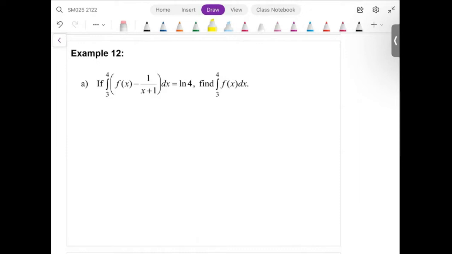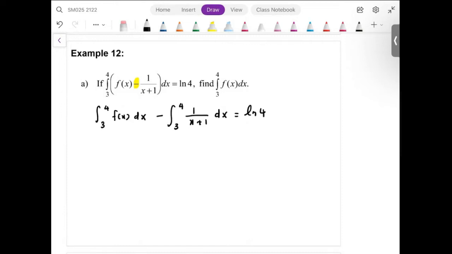Following the basic rule, if we have subtraction of two different functions, we can separate this function up. Now we can rewrite this as the integral from 3 up to 4 of f(x) dx minus the integral from 3 up to 4 of 1 over x plus 1 dx equal to ln 4.